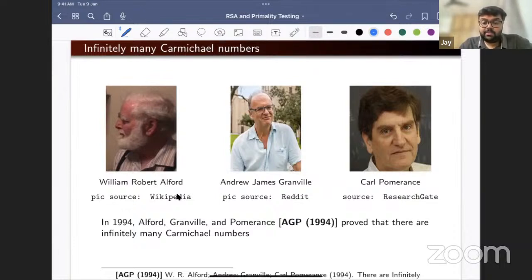So if Bob uses Fermat's test, there is a possibility that Bob might hit upon a Carmichael number. He may not find a witness and he thinks the number is prime. But when he uses it in the RSA algorithm, someone might be able to factorize it using some other method. So there are infinitely many Carmichael numbers.